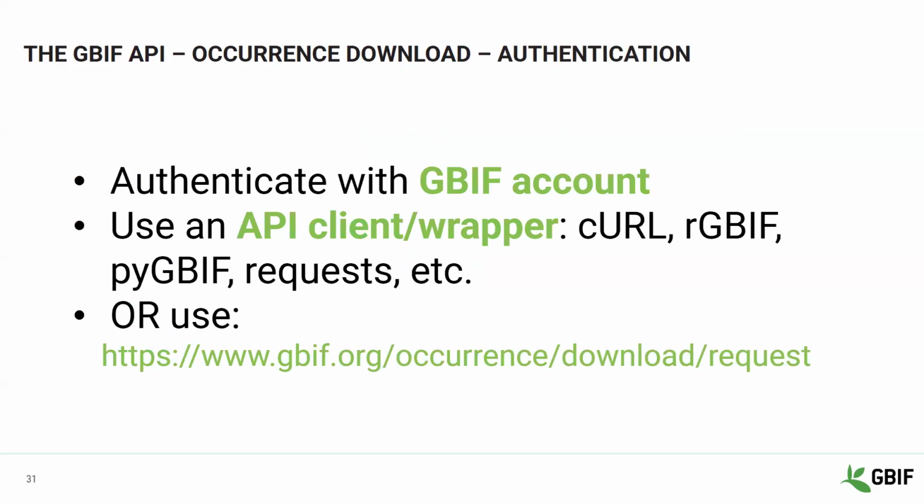For the occurrence download, you authenticate using your GBIF account and use some kind of client. It could be curl, it could be rgbif, pygbif, or you can even use the GBIF website, which you have already used to download data. So these are the different ways that you can access the occurrence download API.